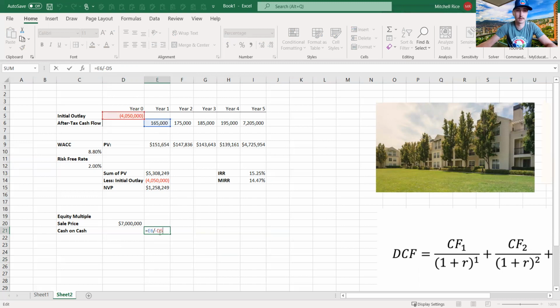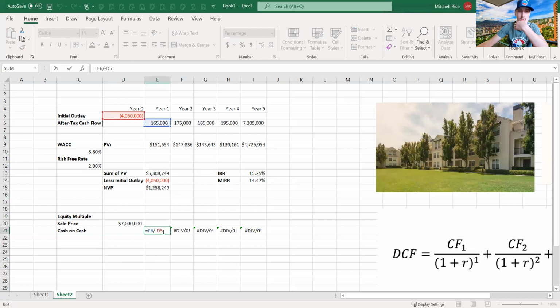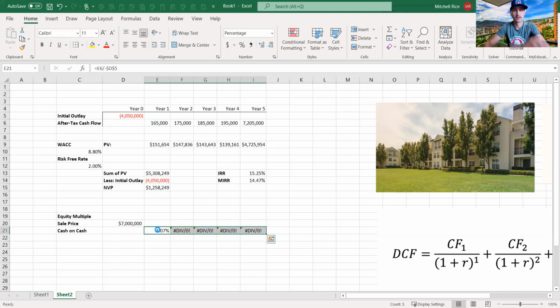Notice I didn't anchor this guy. So watch what happens if I just copy this over. I get an error. It's because I have to anchor this initial outlay so that it doesn't move when I copy it. Okay, so there you go. Another issue with this, notice this cash on cash looks huge.